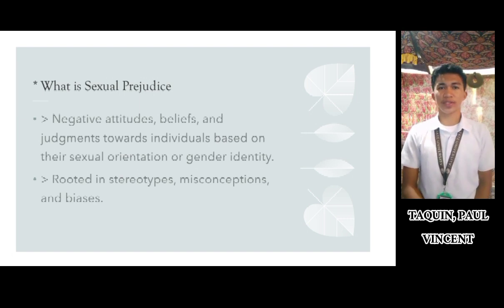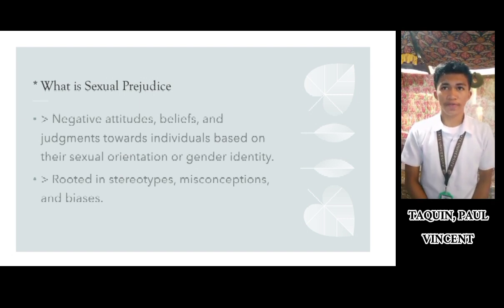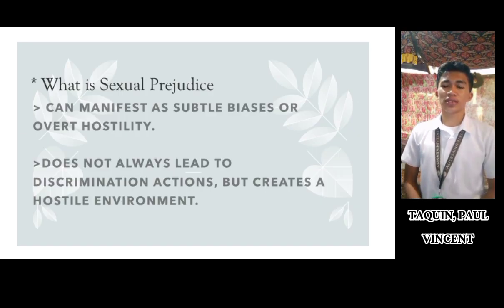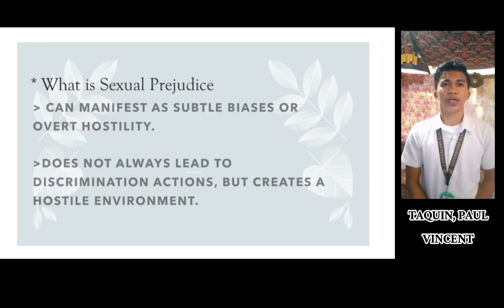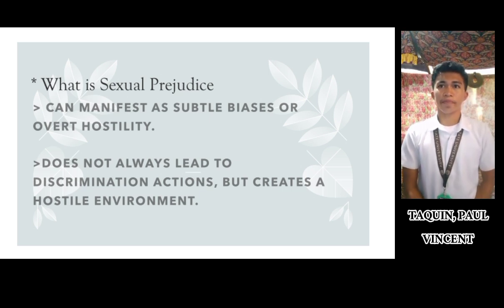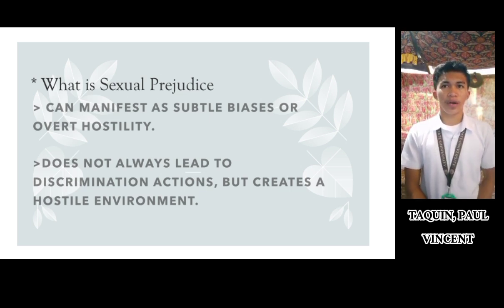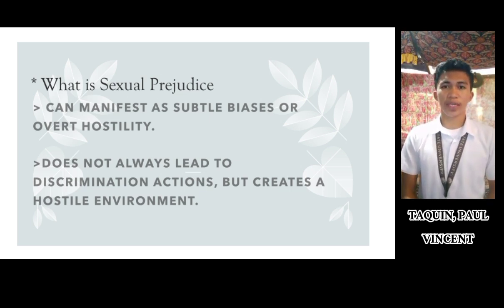So next is stereotyping. Holding fixed and often inaccurate beliefs about LGBTQ plus people. These stereotypes can include assumptions about their personalities, behavior, or abilities. Next is prejudice. Having negative feelings or bias towards LGBTQ plus people.